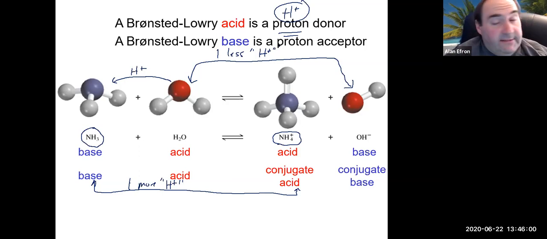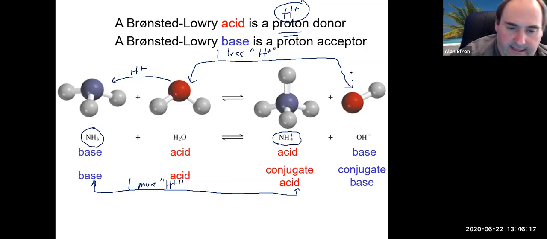Regular acid and bases are found on the reactant side. Any questions on that? So again, the only difference between those two is one H plus, and one H plus only. And again, these are what we refer to as conjugate acid-base pairs.